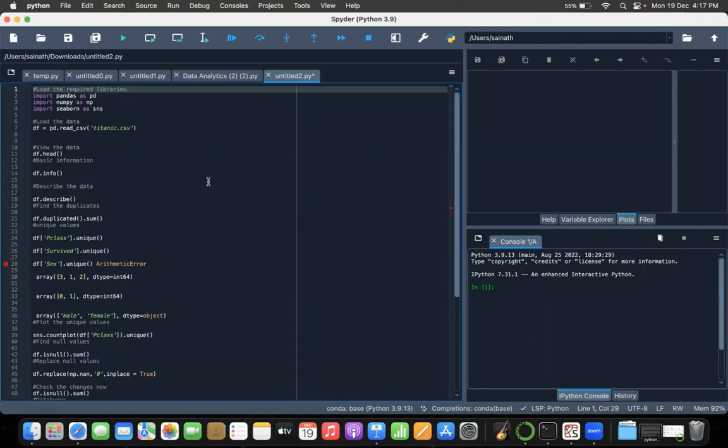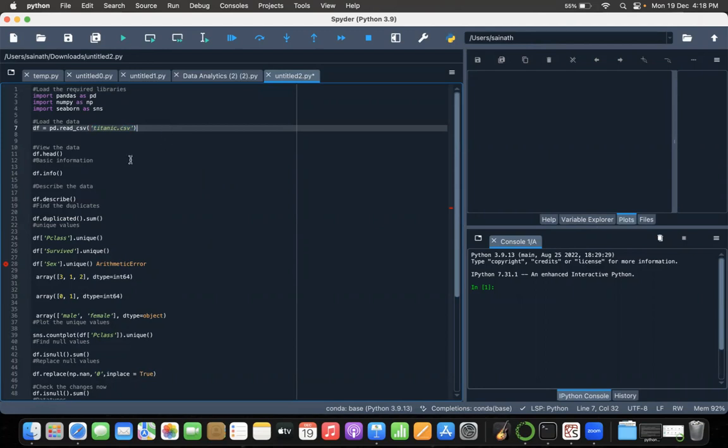When we load the data, we type df = pd.read_csv. Here df is nothing but data frame, and pd is nothing but pandas. When you read the CSV file, we have to give the data location, and it will extract all the data here.